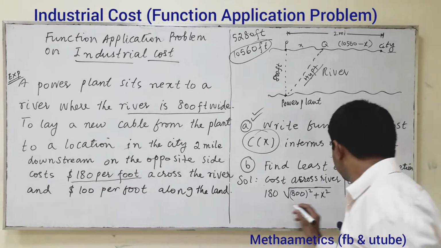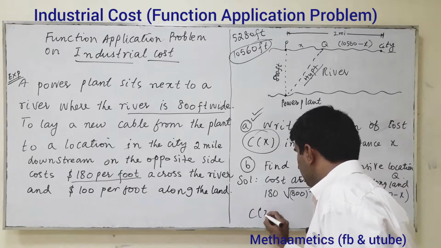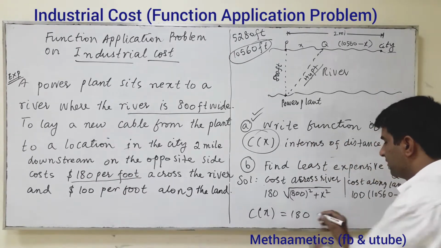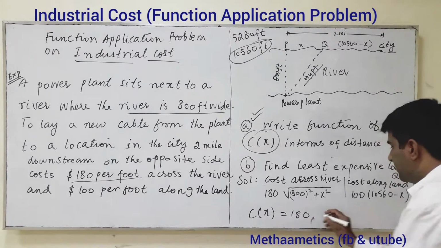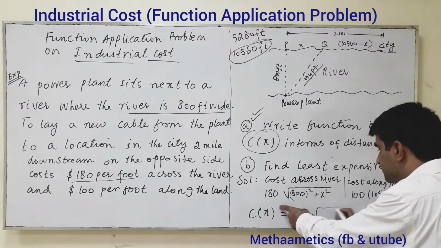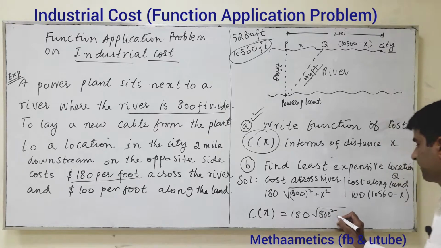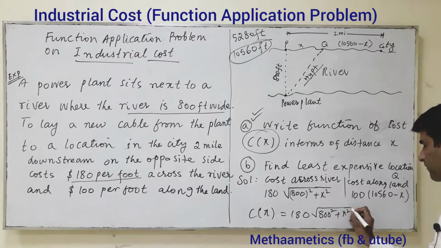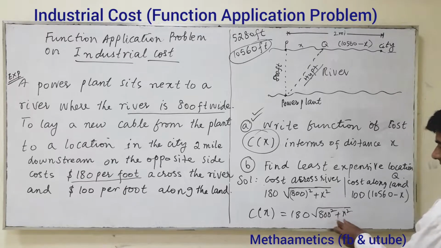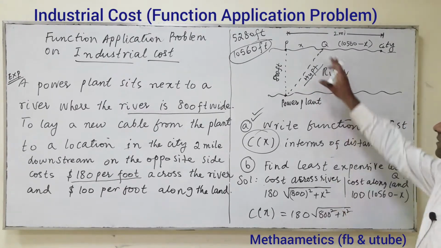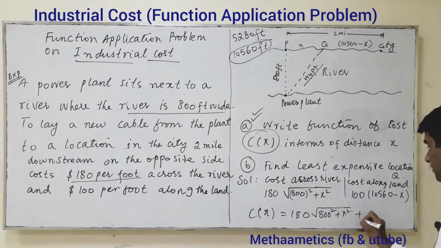Adding both, C(x) will be equal to the cost from the river plus the cost from the land. The cost from the river is this: 180 times the square root of 800 squared plus x squared.